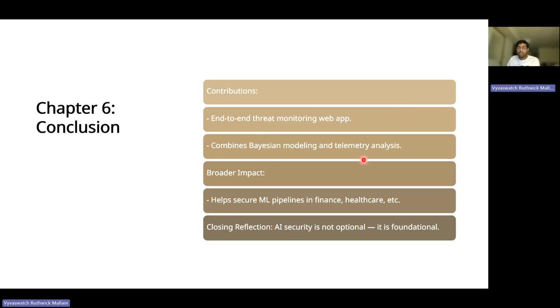It uses Bayesian modeling and telemetric analysis, and the impact is that it helps secure machine learning pipelines in finance, healthcare, etc. And the closing reflection is that AI security is optional and not foundational.